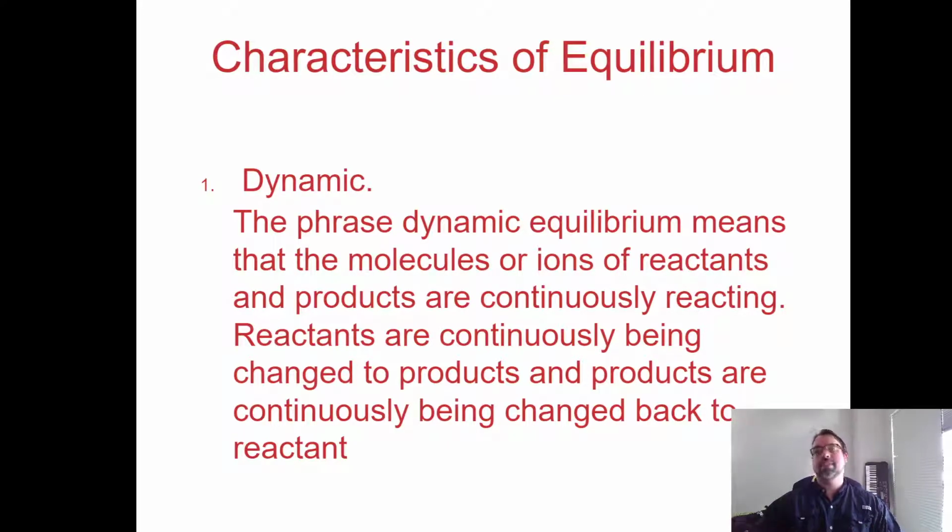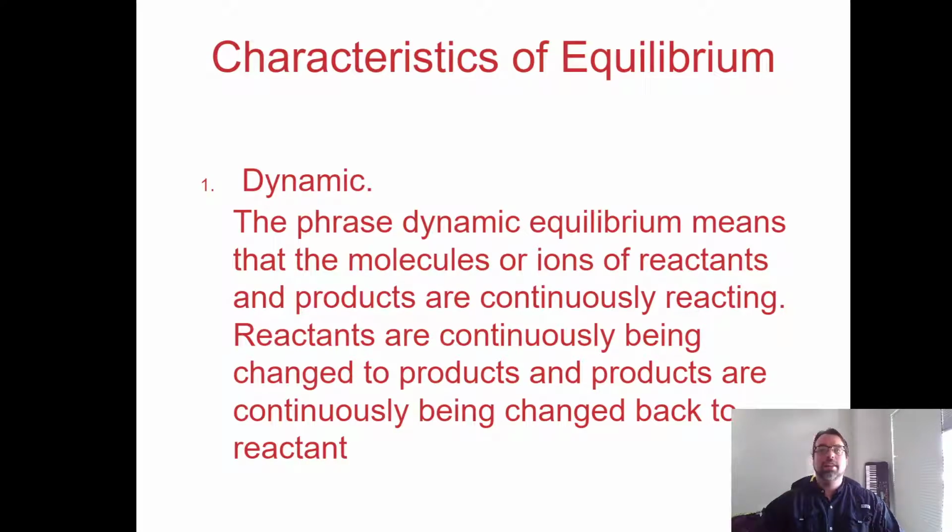The first one is that all of these are dynamic. All of these equations and reactions are dynamic, okay? And what we mean by dynamic equilibrium is that the molecules or ions are continuously reacting. They haven't stopped reacting. They still have this constant rate of reaction going on.